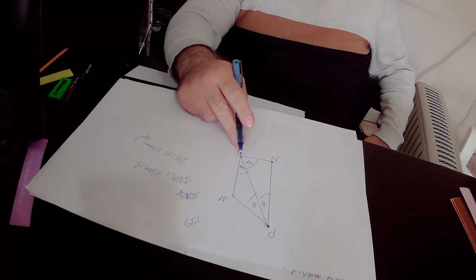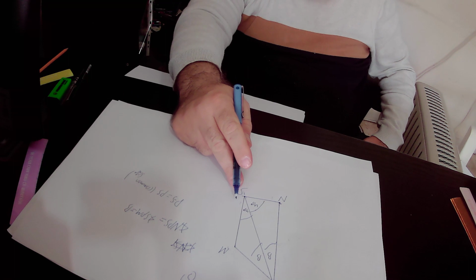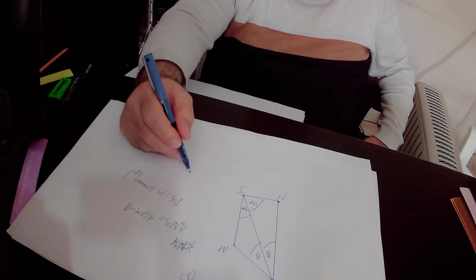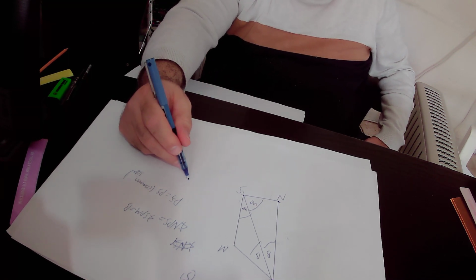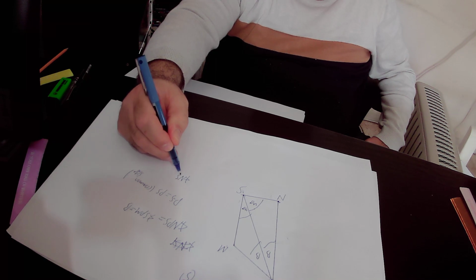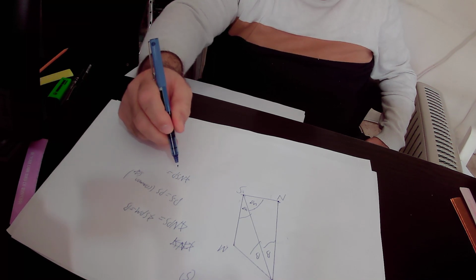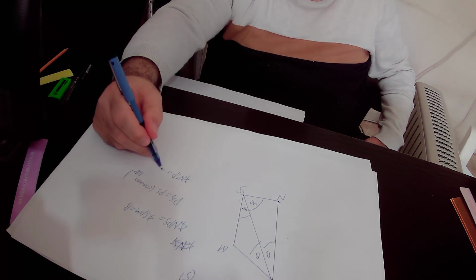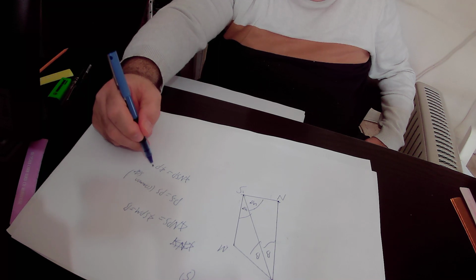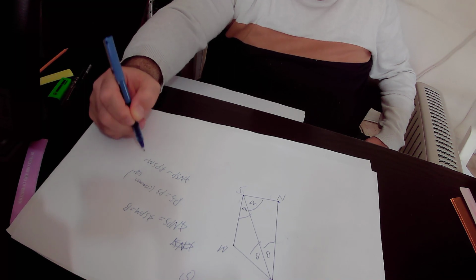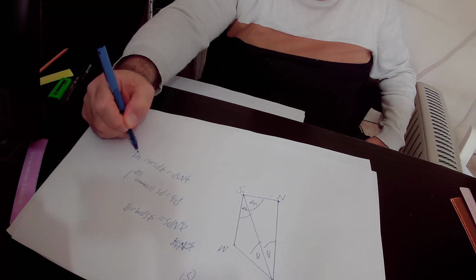PS equals PS, it is the common side that belongs to both triangles. Those two angles are both equal to 45 degrees. So we can write down that angle NSP equals angle PSM, and both angles are equal to 45 degrees.